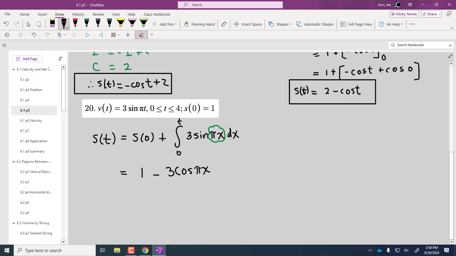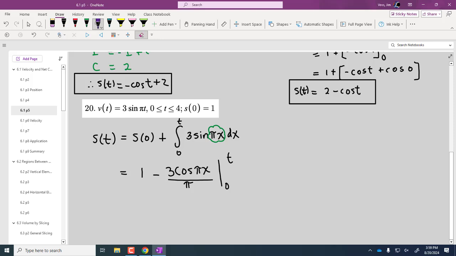Angle's not changing. If we were doing chain rule, if we were doing a derivative, we would multiply by pi, but we are doing a reverse chain rule, so we divide by pi. And then that goes from 0 to t.